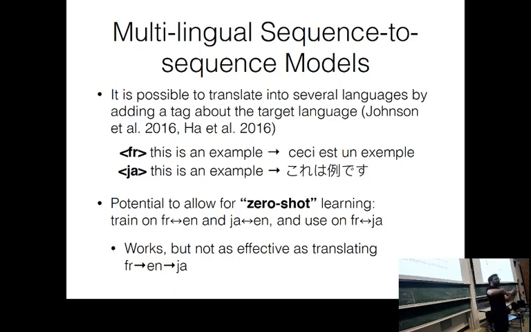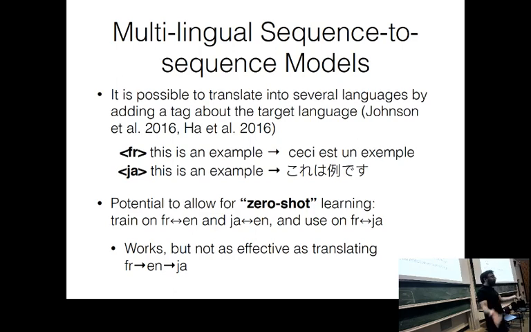So for example, you train one model using the same encoder and decoder on both English to French and French to English, and also Japanese to English and English to Japanese, right? Providing the appropriate tags in every case. Now the model has never been trained on French to Japanese or Japanese to French, right?